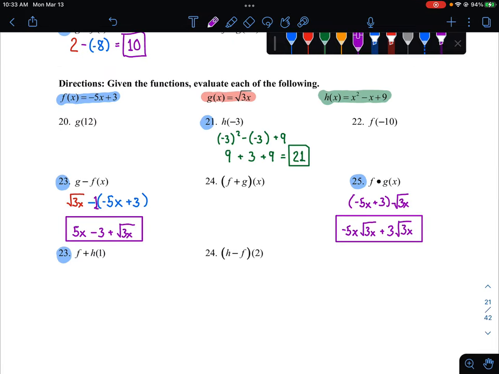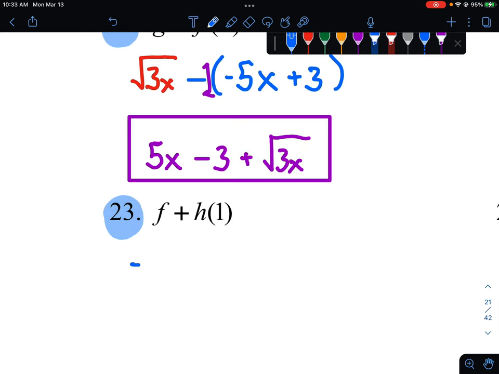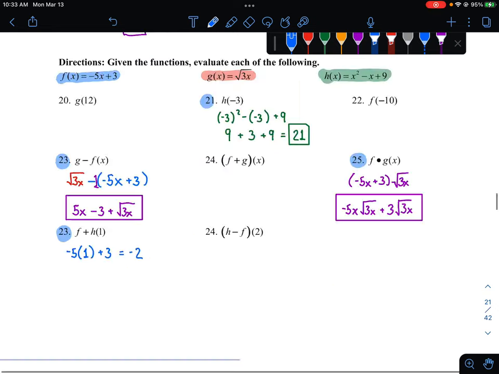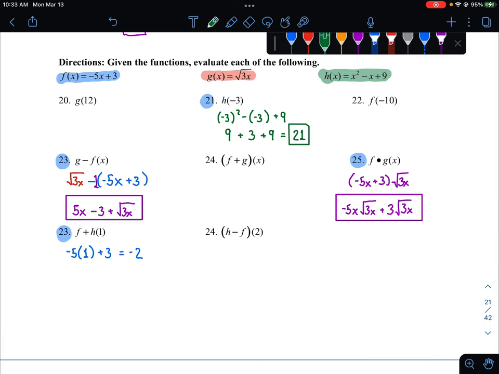And then for f plus h of 1, we're going to evaluate those at those points. So f is negative 5x plus 3. So negative 5 times 1 plus 3. That's going to give me negative 2. And then h of x is that quadratic one, right?